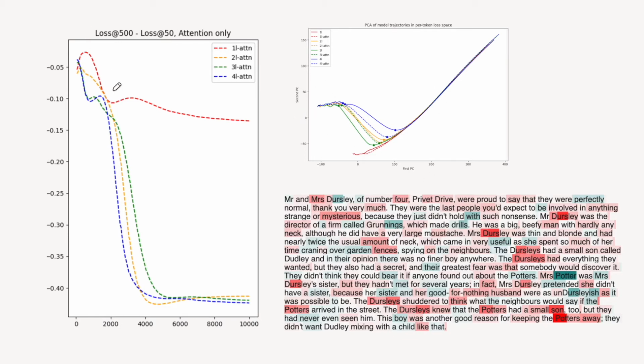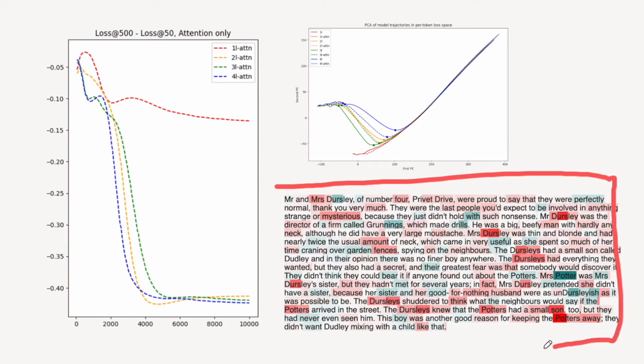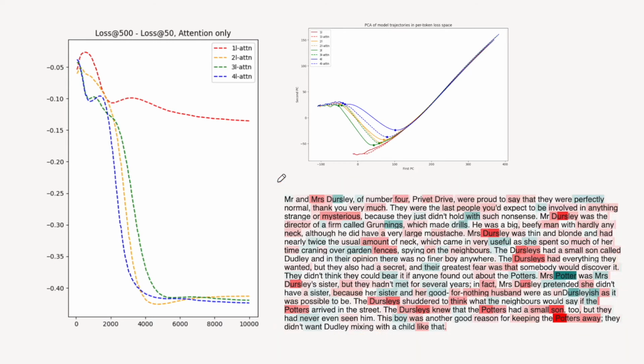We also looked at this meta-learning index, which shows us that the two-layer and higher models become much more adept at using early tokens to better predict later tokens, and that improvement happens over the course of the bump itself. And then we looked at this delta between the after and before bump token vectors. And if we look at that on a demo text, it also shows these repeated sequences is where the improvement is showing up.